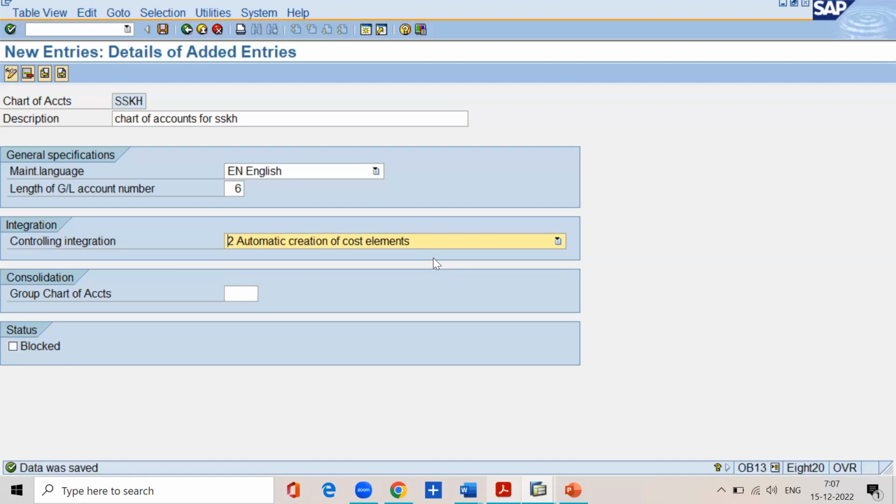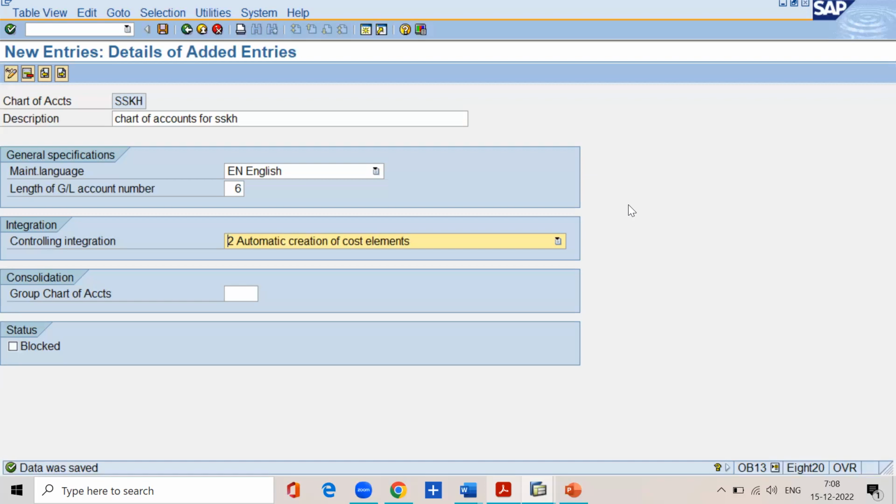If this option is selected, then when we create expenses and revenue GL accounts in financial accounting, they are automatically created as primary cost elements in controlling.